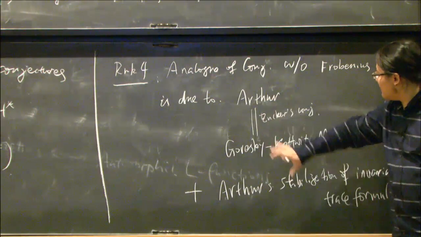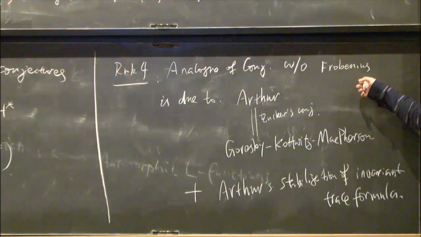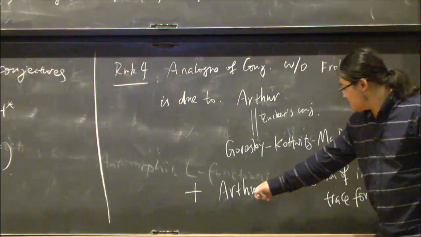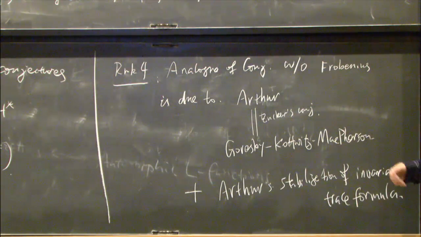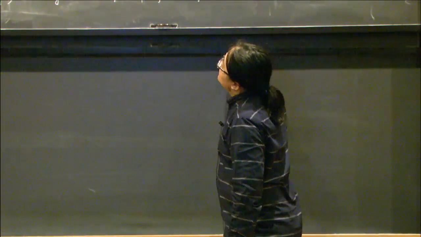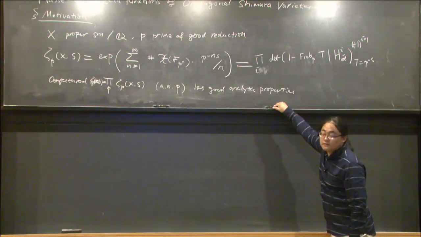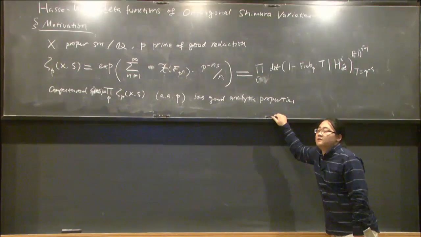So these two are equivalent. And then the trace is already expressed in terms of the invariant trace formula. And then Arthur's stabilization in general stabilizes the invariant trace formula to give you some expression like the right-hand side. But these are all without Frobenius. Zucker's conjecture is known, right? It is known around 1990. Yeah.